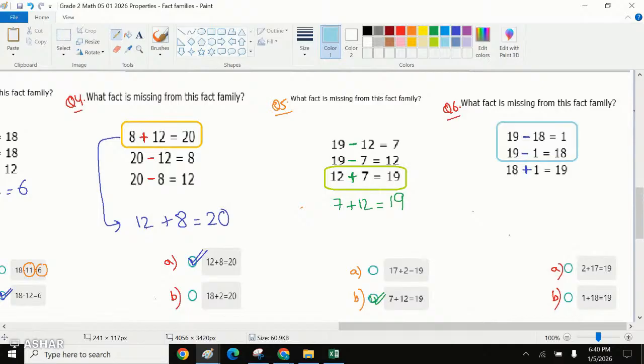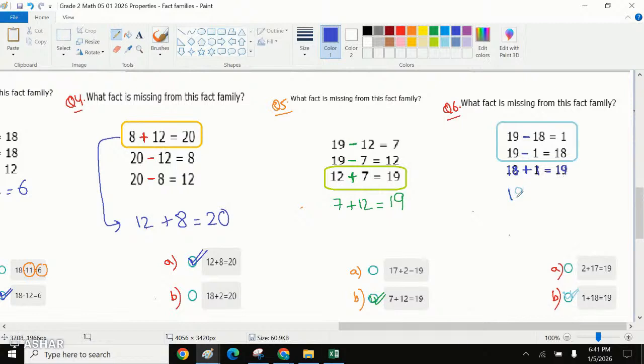Yes, so true. Thank you, both of you. The answer should be statement number 2. How? Because this was 18 plus 1 was 19.